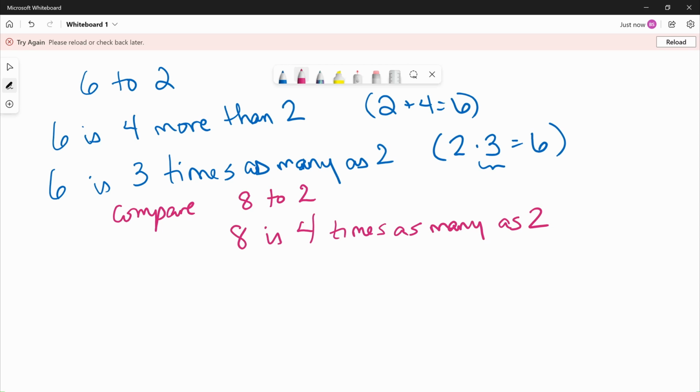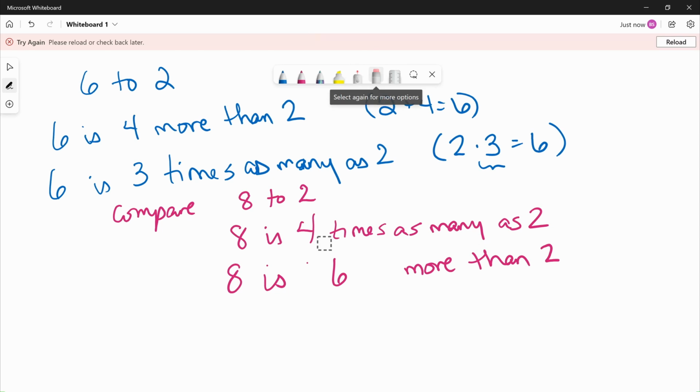We could say that 8 is 6 more than 2. Because 8 minus 2 makes 6, or 2 plus 6 equals 8. We've seen this 6 compared to the 2 already. We've seen that 6 is 3 times as many as 2.